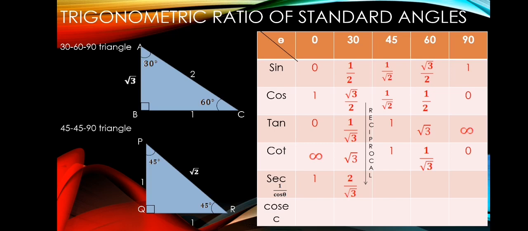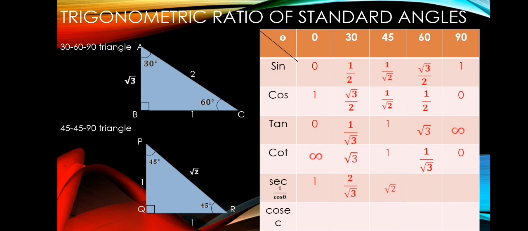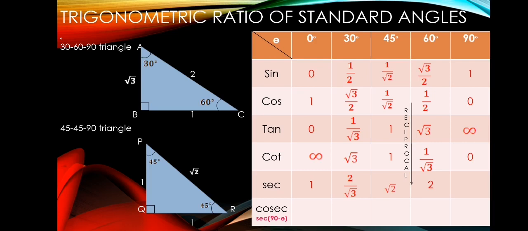Sec 45 will be reciprocal of cos 45, that is root 2. Sec 60 will be reciprocal of cos 60, which is equal to 2. And sec 90 will be reciprocal of cos 90, which is equal to infinity. Cos 90 is 0, so 1 upon 0 will be infinity.